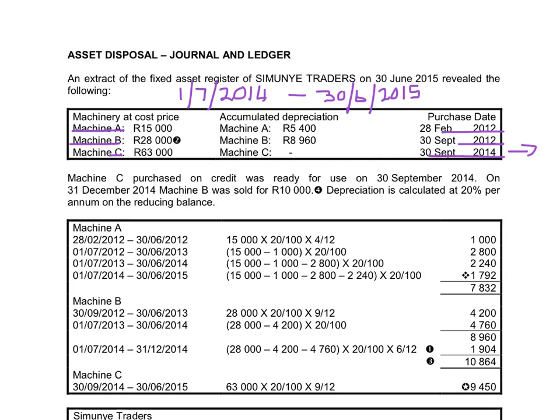Machine C was purchased on credit and was ready for use on 30 September 2014. So on machine C, we will only write off depreciation from the 1st of October 2014 up to the end of the financial year, 30 June 2015.